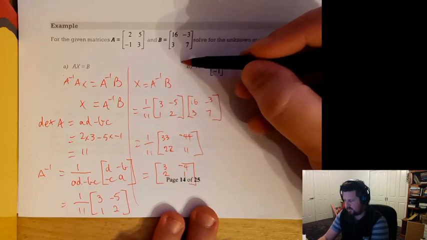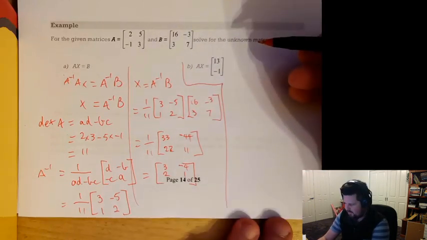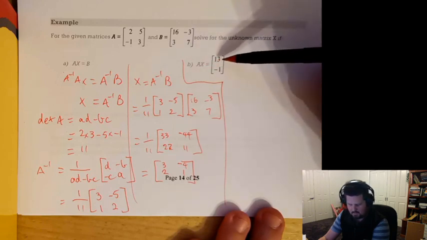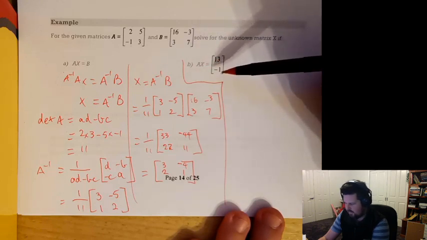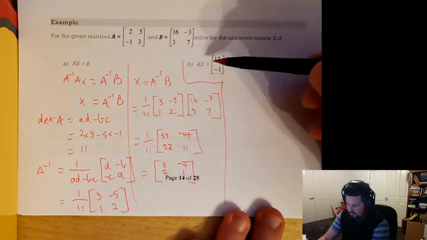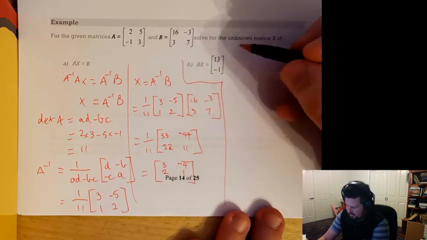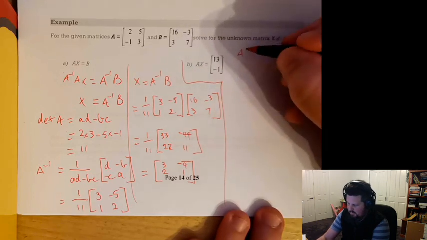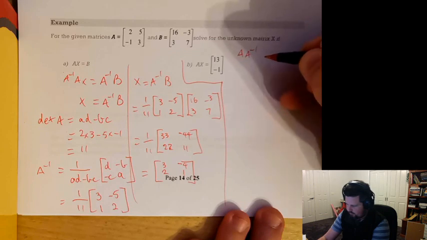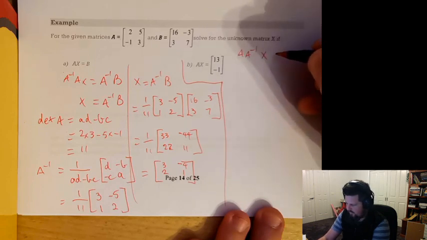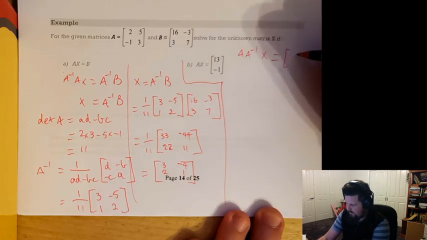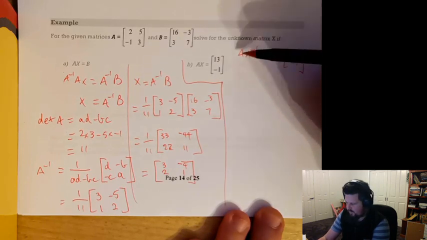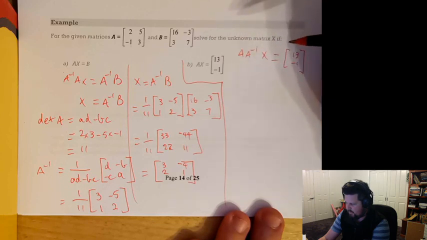Alright, it's getting a little bit cramped, but we'll deal with it. In this particular case, you've got AX equals 13 and negative 1. Again, to find out what X is, we need to get rid of this A here, so we're going to pre-multiply that side by the inverse of A. That's going to get rid of that because it's going to be the identity matrix.